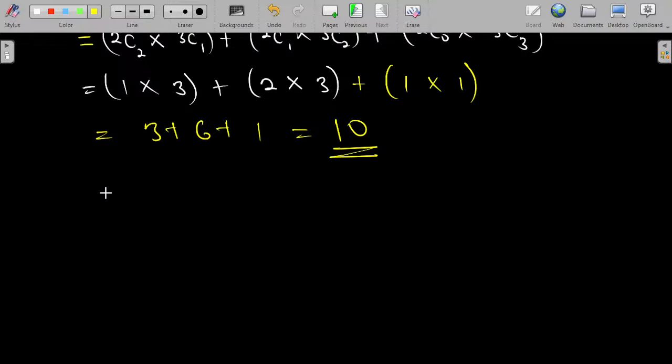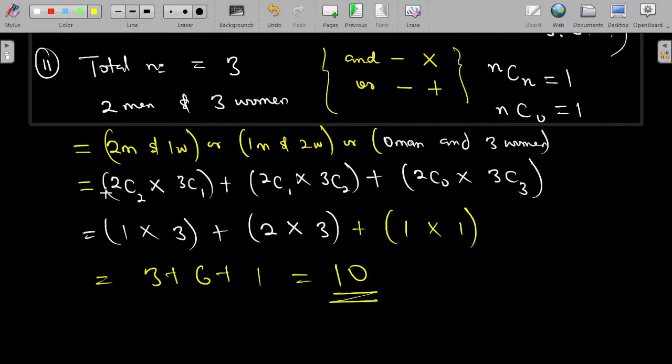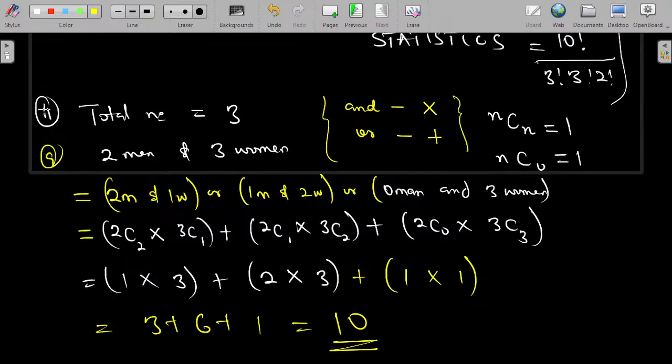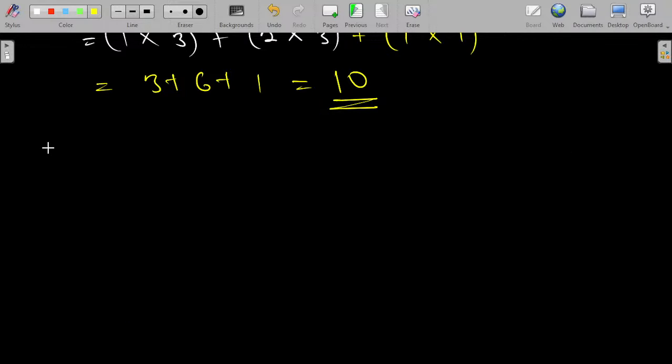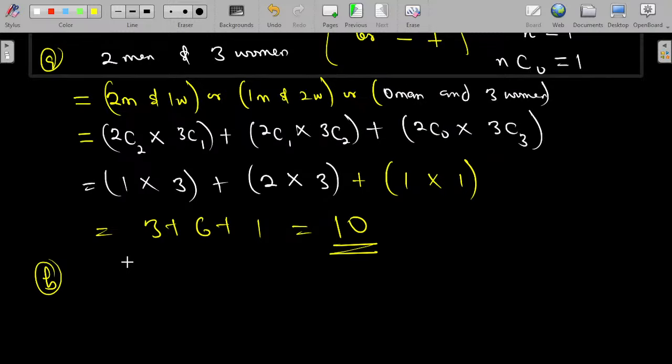Okay, so let me assume that that is my A. And then this other second part should be my B. All right, and what is that? There they said how many of these committees would consist of 1 man and 2 women? And if you go up where we analyzed the whole possibilities, you see that this last question is actually there. That's why in maths, if you follow the process, you see that sometimes your answers are even in the questions that you are given.